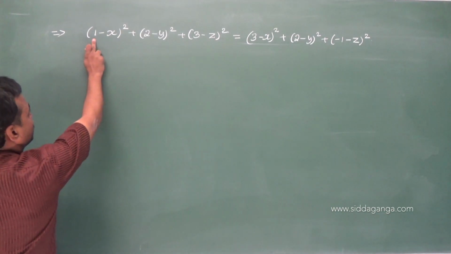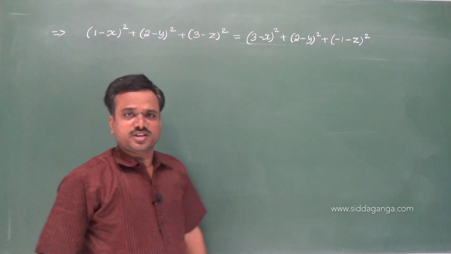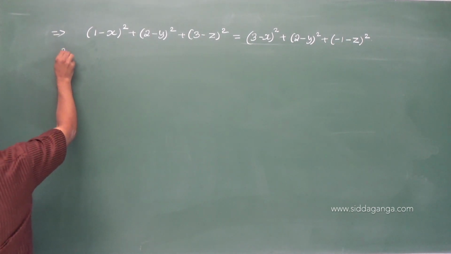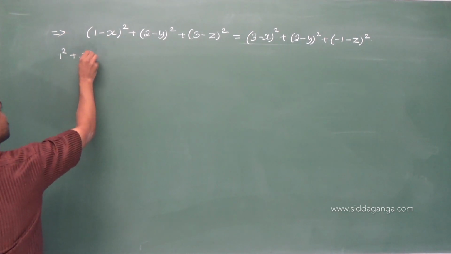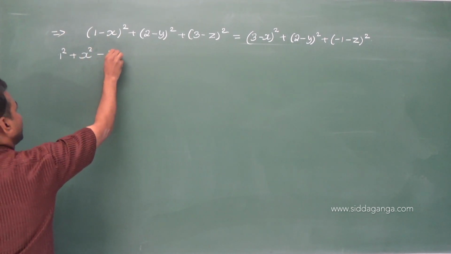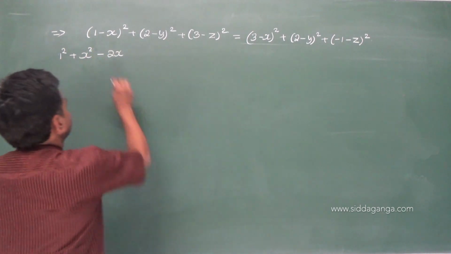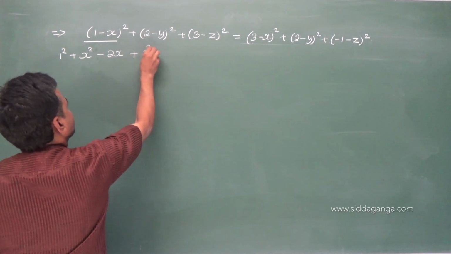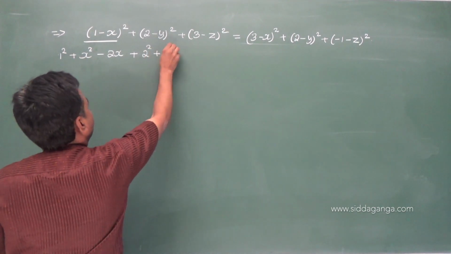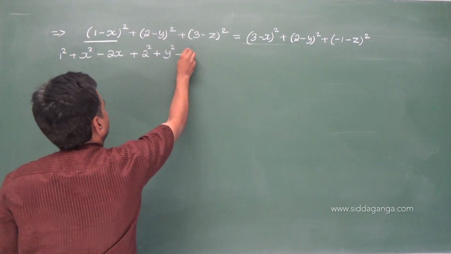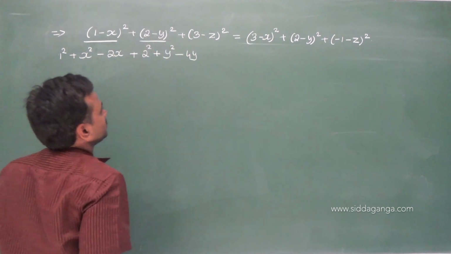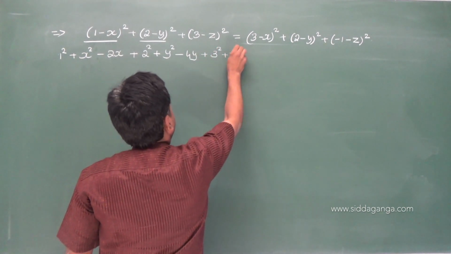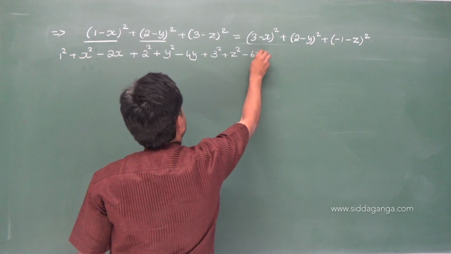It is in the form of (a minus b) whole square. Correct now? It is in the form of what? (a minus b) whole square. a square is 1 square plus x square minus 2ab, 2 into 1 into x, 2x. This is over. Plus 2 square plus y square minus 2 into 2, 4y. This is also over. Similarly this one plus 3 square plus z square minus 3 into 2, 6z.